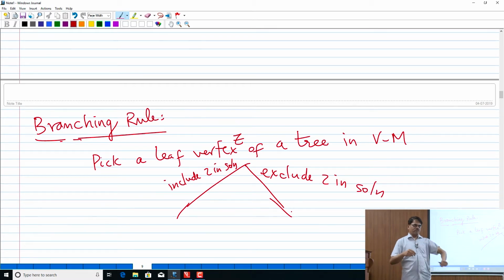In one branch I include it in the solution, in another branch I exclude it. So correctness is not a problem, because I'm trying whatever I'm supposed to do. As long as you're not trying to be too clever and you try everything, you don't have to worry about correctness. But the analysis proof will have a problem now.